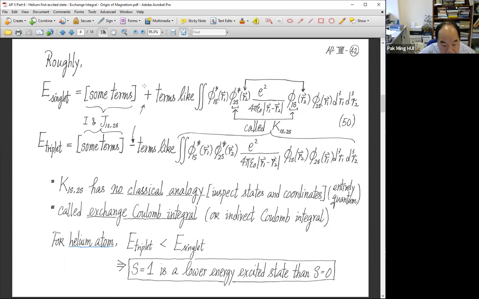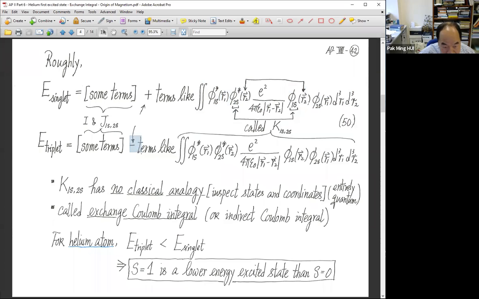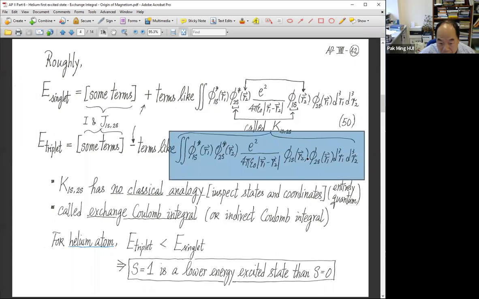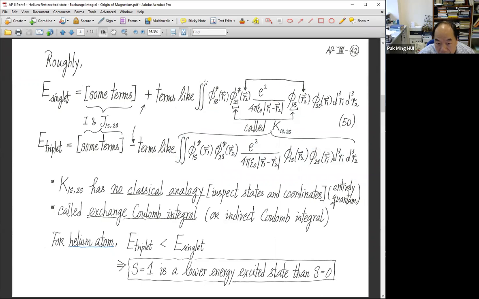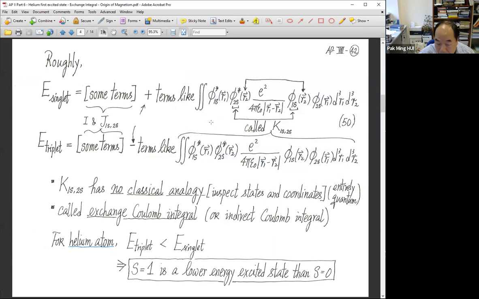You will see plus terms like that I just drew, but minus for the other one goes like this, okay? The integral itself is the same, but due to the symmetry of the spatial part, they have different sign, okay?